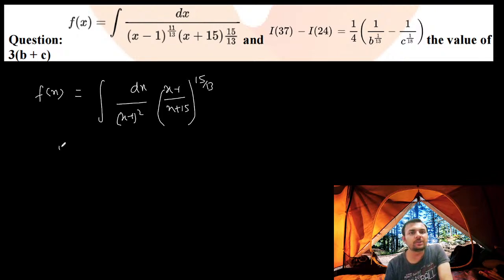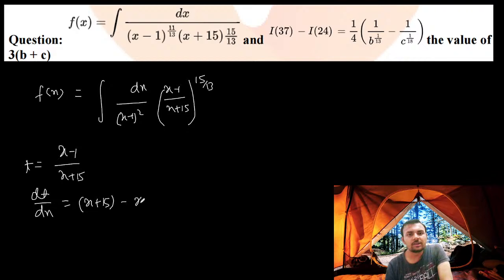So if we put x minus 1 upon x plus 15 equal to t, let's check dt by dx. It is x plus 15 minus x minus 1 upon x plus 15 whole square.